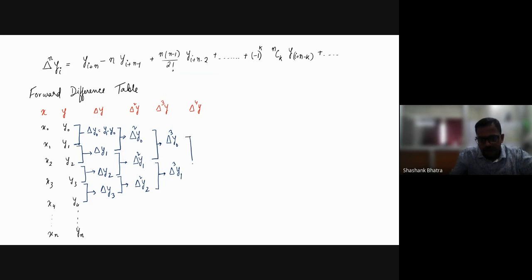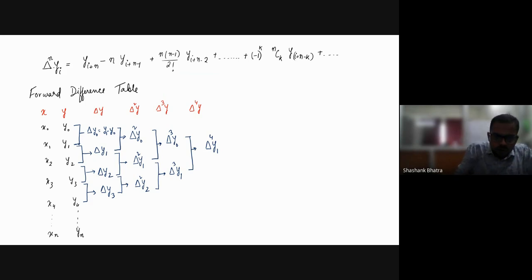And again, finally, it will result into the fourth order finite difference, that will be this minus this. Okay, so I hope that you have been familiar with this forward difference table, how you are obtaining it, and I am very much clear about it. Okay, yes or no?